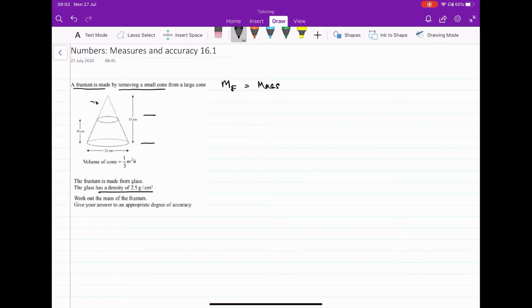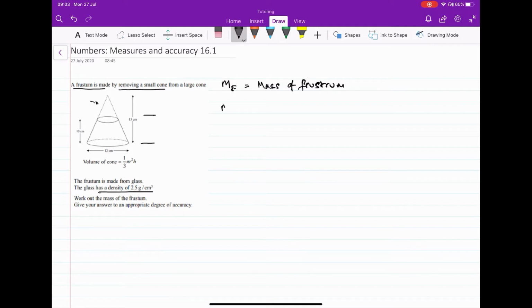And we've now got some representation of what we're trying to get to. Very important to write down any variables and give an explanation of it. Otherwise, the poor marker will be reading various letters and not knowing what they mean. So MF is the mass of the frustum.